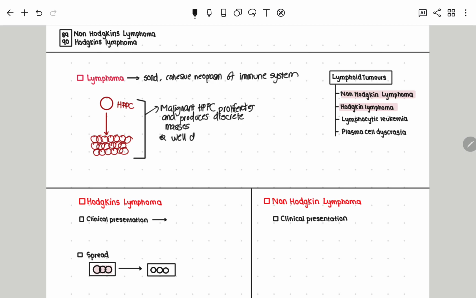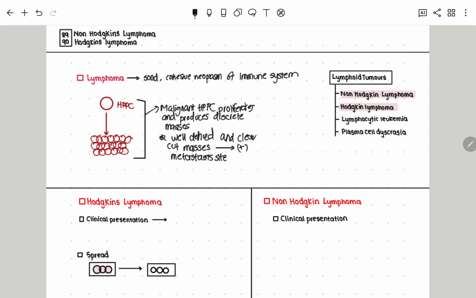These are well defined and clear-cut masses that are produced in the bone marrow and also produced in any site that the cancer metastasizes to. And so this is essentially what a lymphoma is.